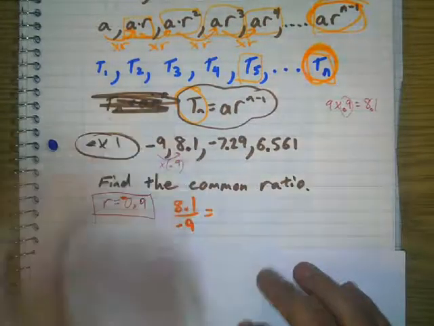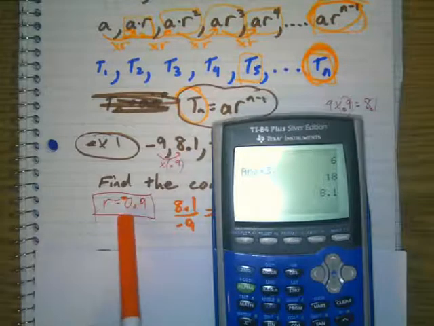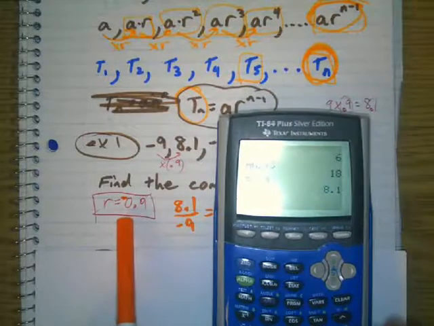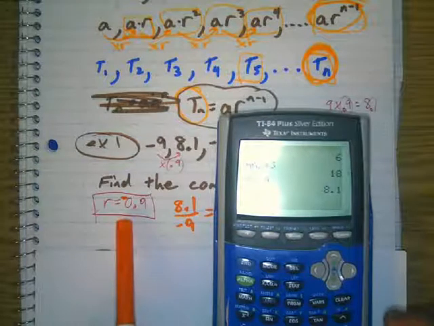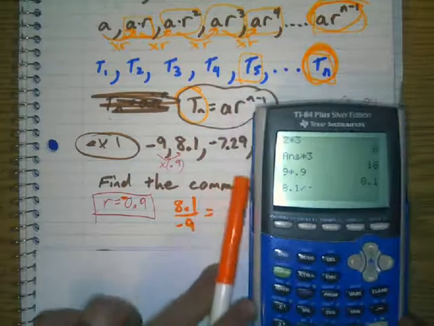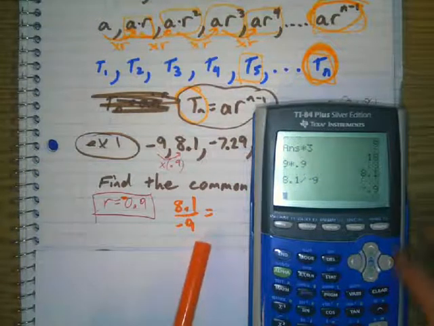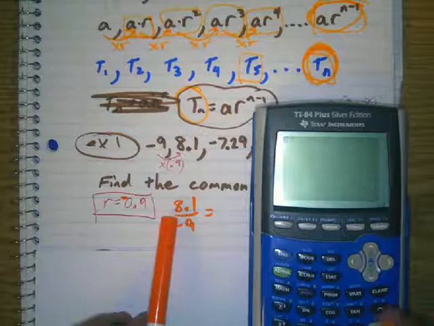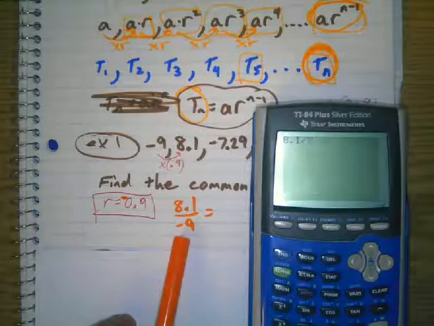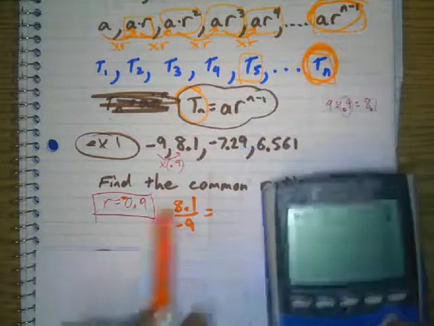So we should get 0.9, right? 8.1 divided by -9, and we get -0.9, right?